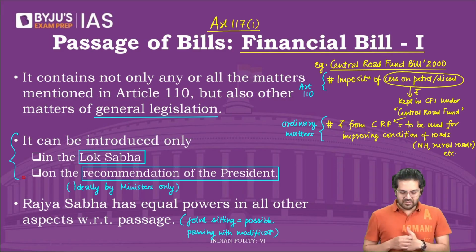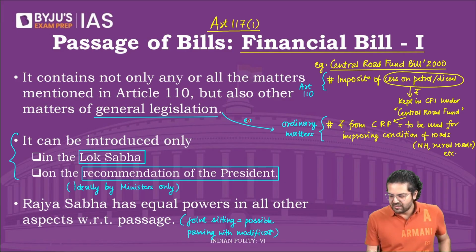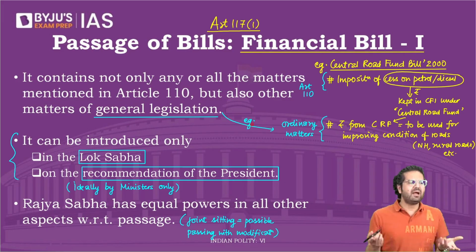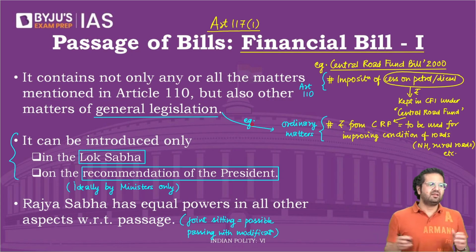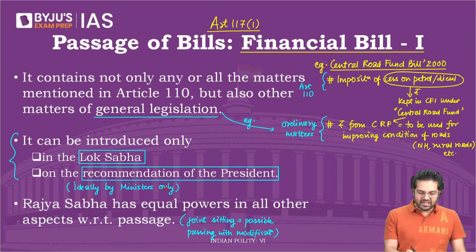And Lakshmi, yes, suspensive veto applicable. And Siva, see the video, you'll understand it, recorded once. This is a general legislation. Example, ordinary matters, general legislation. Mujtaba, ideally by ministers only, introduced by ministers only.